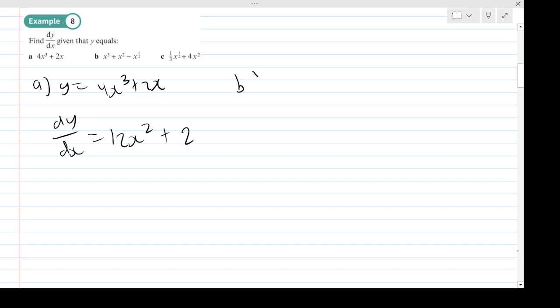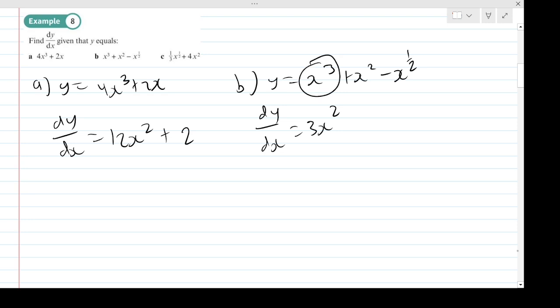Okay, part B, we have x cubed, add x squared, minus x to the half, right? So then the derivative, well, what we're going to do then, we're going to bring the power to the front, so it's going to be 3x to the power 2, right? Because 3 take away 1 is 2. So we knock 1 off the power here.